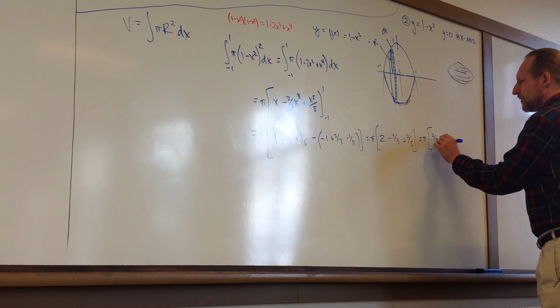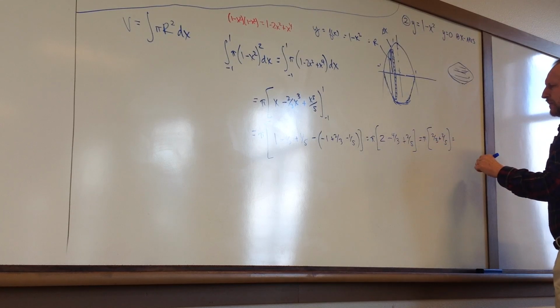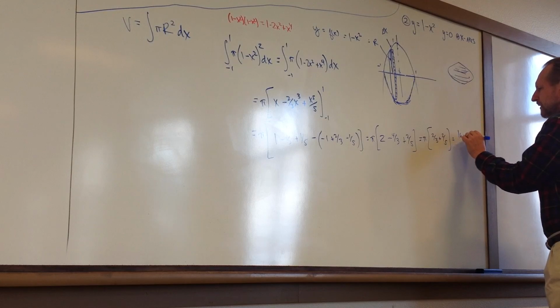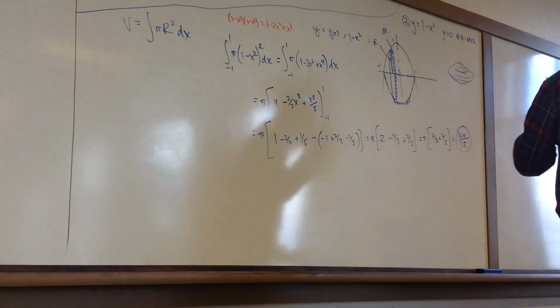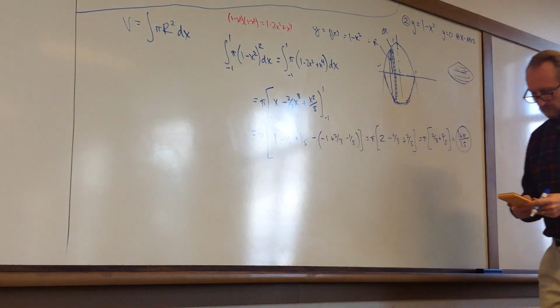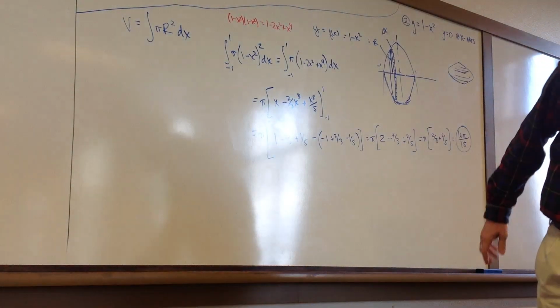This looks like it's going to be 2/3 plus 2/5, which should be 16 pi over 15. So let's double check that. 2 minus 4/3 plus 2/5, 16 pi over 15. Good.